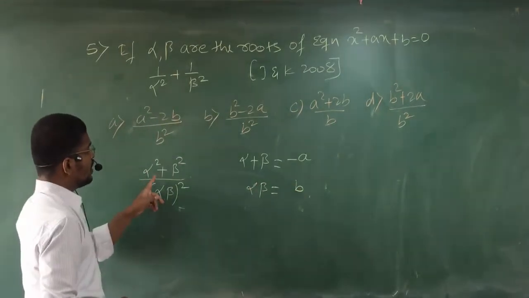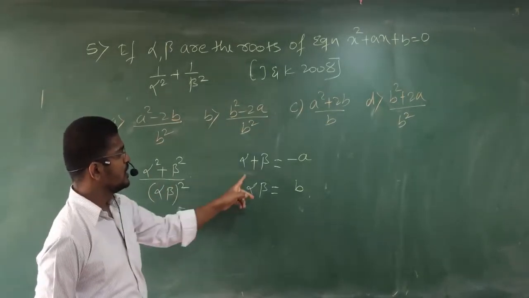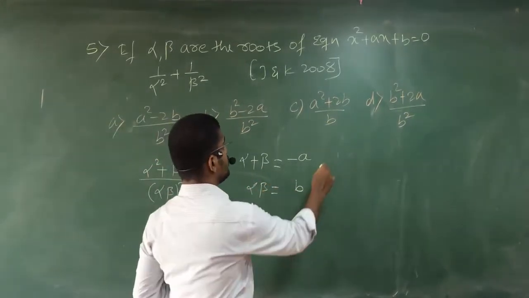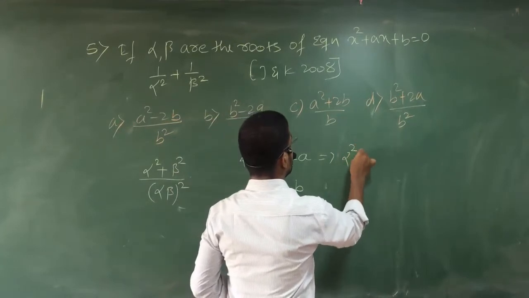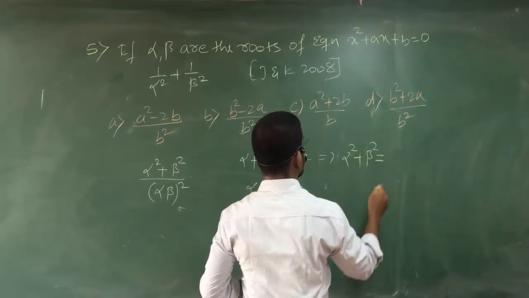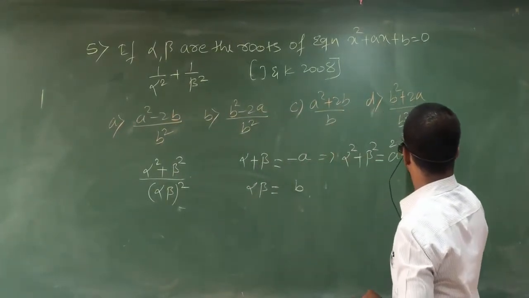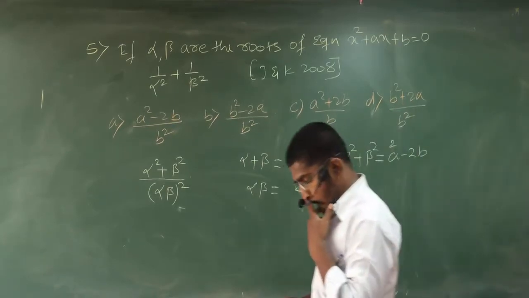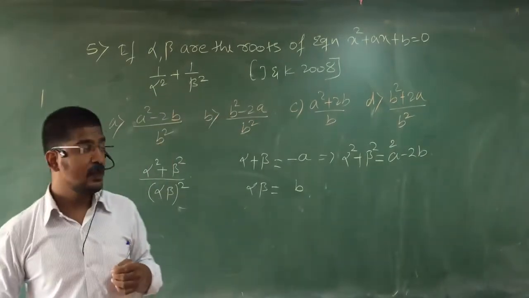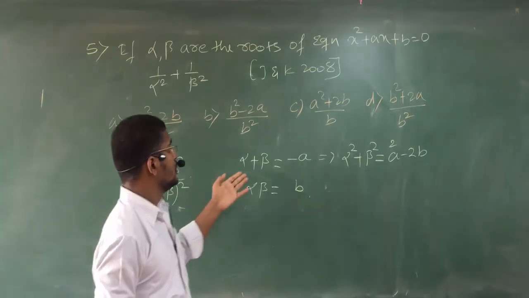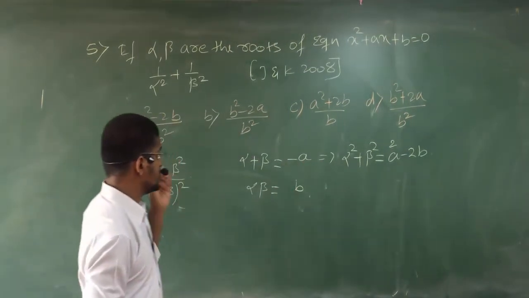Okay. So now we need alpha square plus beta square. Again you make squaring on both sides. You are going to have alpha square plus beta square equal to a square minus 2b. That is alpha square plus beta square.